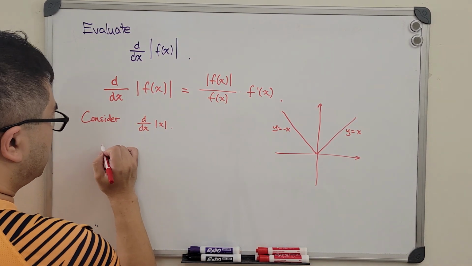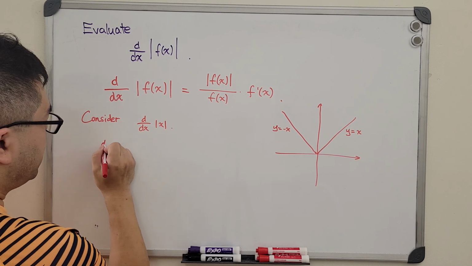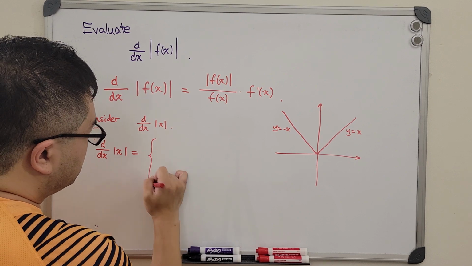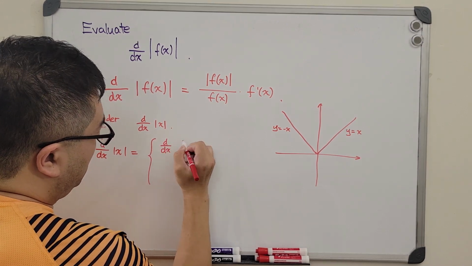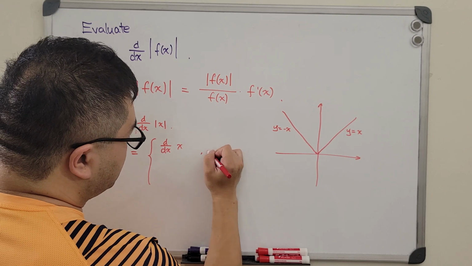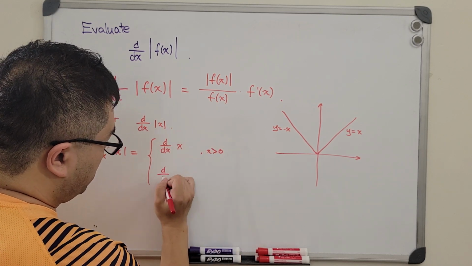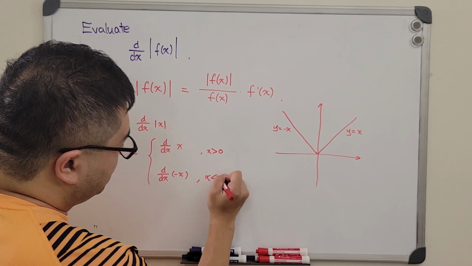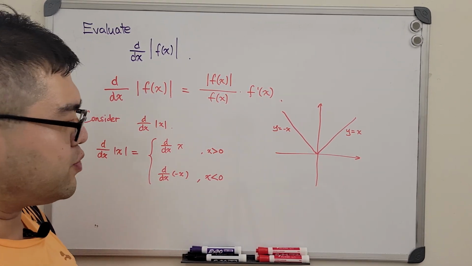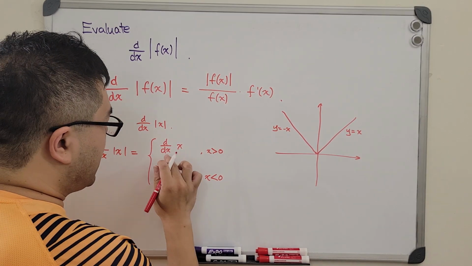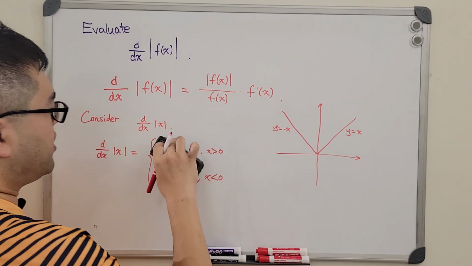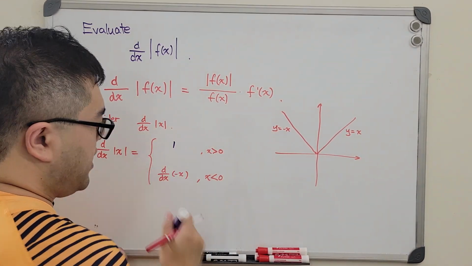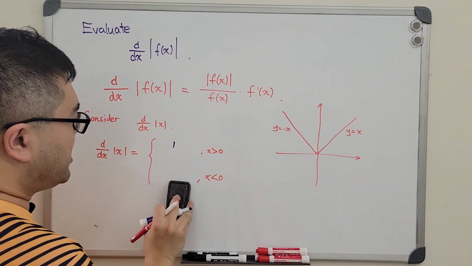So since we have the absolute value function here, we can now break it into two parts: the derivative of just positive x when x is greater than 0, and the derivative of negative x when x is less than 0. Then of course, we actually get that the first part is going to turn out to be positive 1, and the bottom part will turn out to be negative 1.